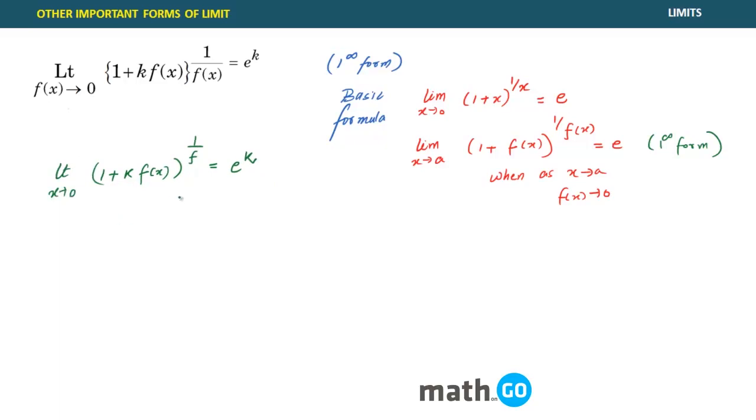If we were to apply this in this case, 1 plus k f(x), I need the reciprocal of the entire function, that is k f(x). So here I can multiply and divide by k. And I know that limit f(x) is tending towards 0. So this is given to us.